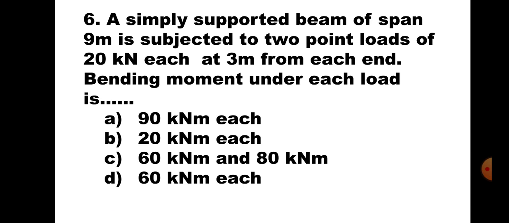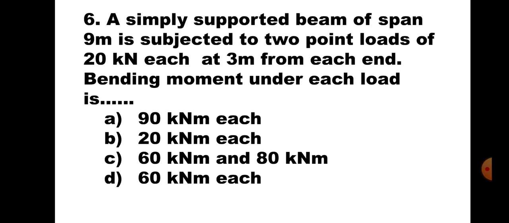Now in this question, this is a beam of span 9 meter. If you divide this span of 9 meter in 3 stages, 3 meter, 3 meter, 3 meter, and each load of 20 kilonewton is acting at 3 meter from right hand and left hand. So loading is symmetrical and loads are also equal.